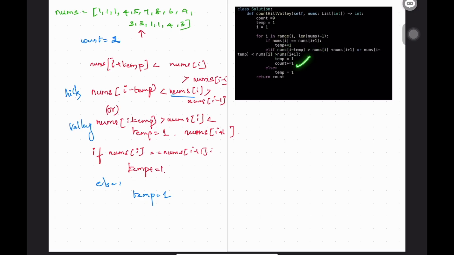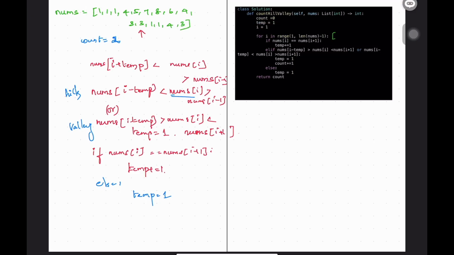If it is so, you will be adding and resetting the count. If not, that is not hill or valley, then we'll just reset the temp to 1. Then we'll be returning our count. As we know, we won't take into consideration the first and the last.